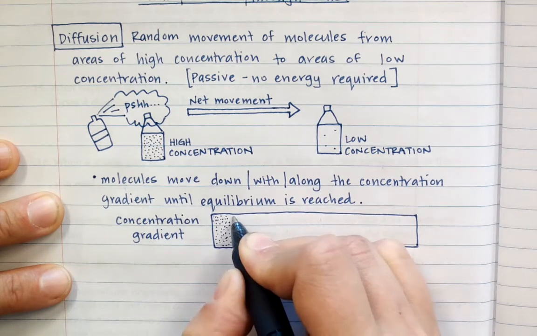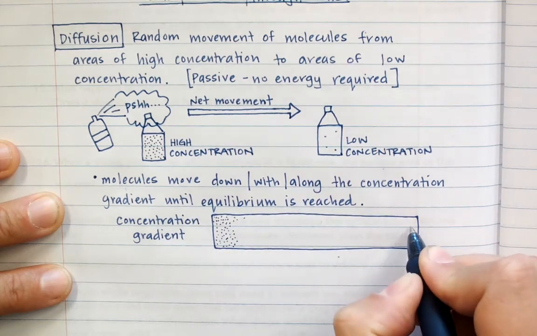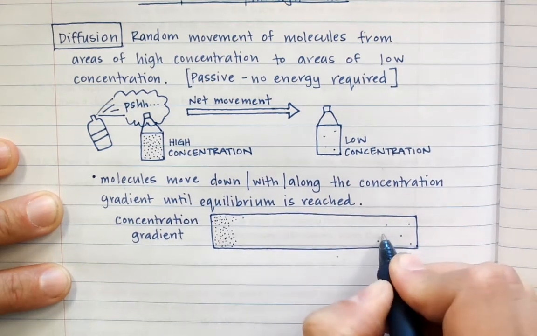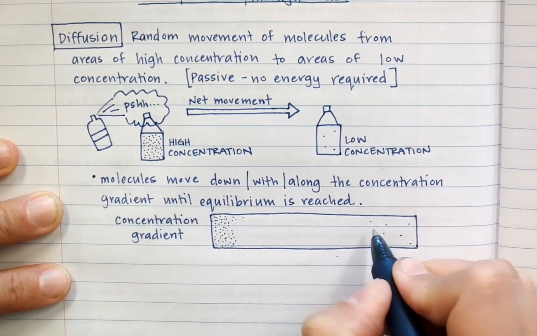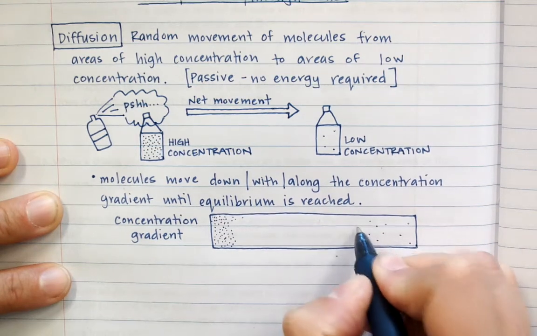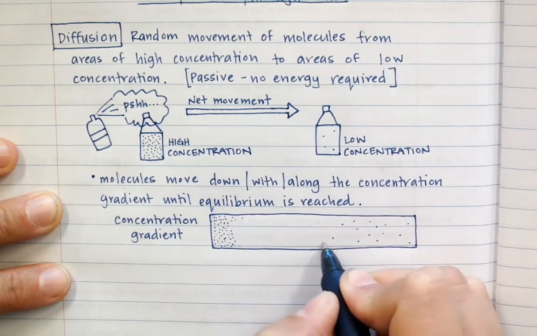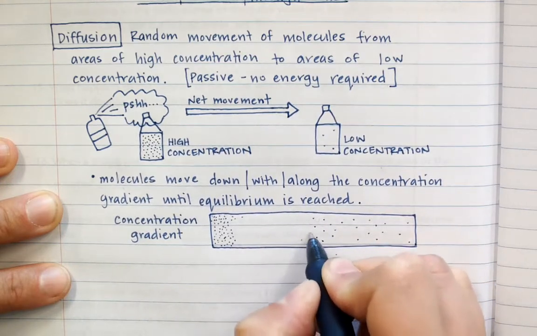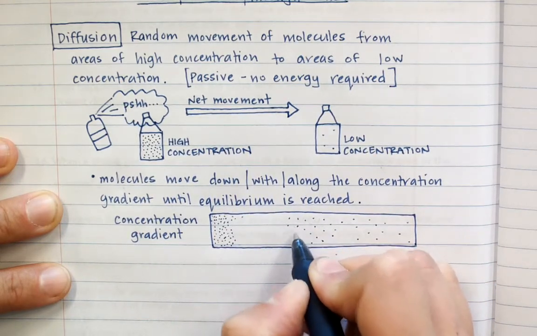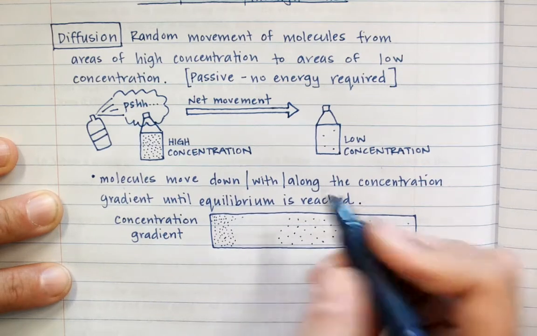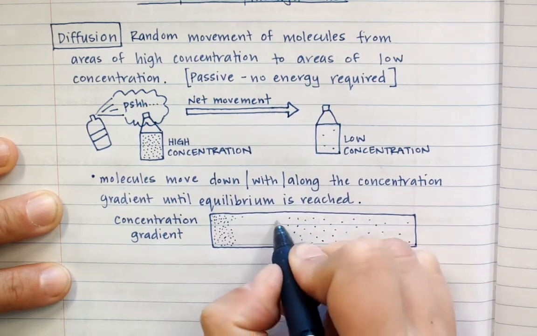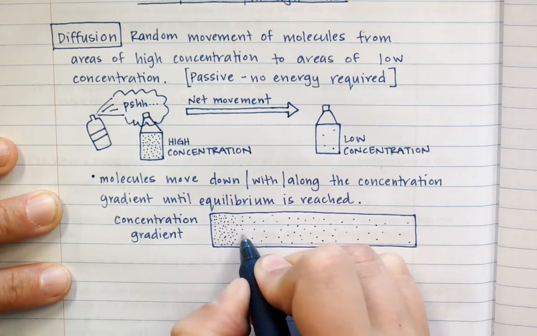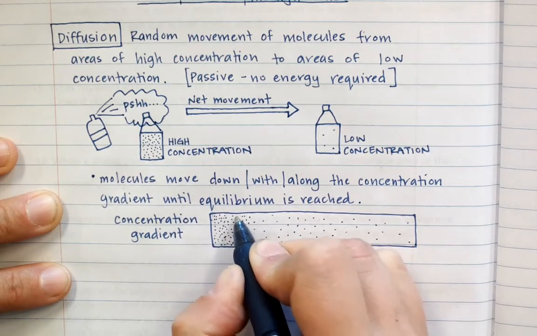And then as I get closer to this side, I'm going to have a very dispersed set of dots. Now they're getting a little bit closer together. And then even closer together. And then as we get over here, this is where it's super concentrated.